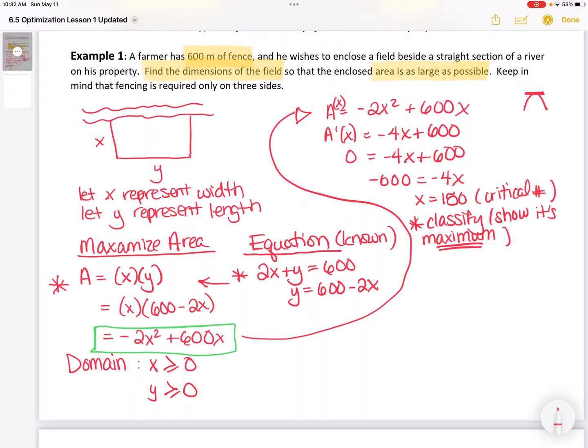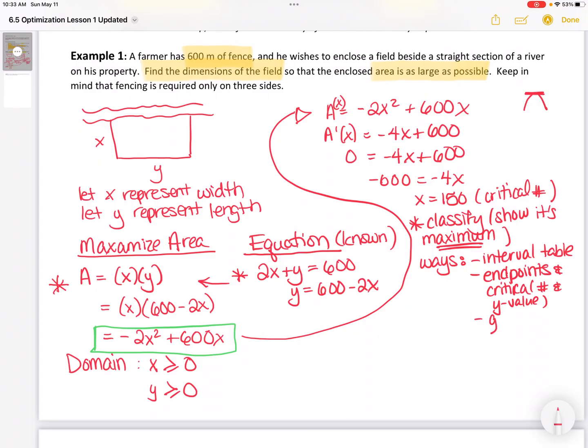There's a couple different ways you can do this, okay? And I will accept any of these ways, as long as you classify it some way. One way would be with an interval table. Another way would be taking a look at the endpoints and this critical number, and comparing the y values, showing that the y value at 150 is higher than the endpoints, which in this case, we'd take a look at those zeros.